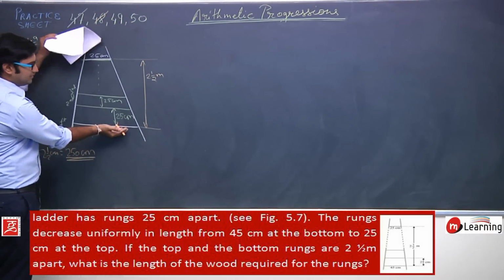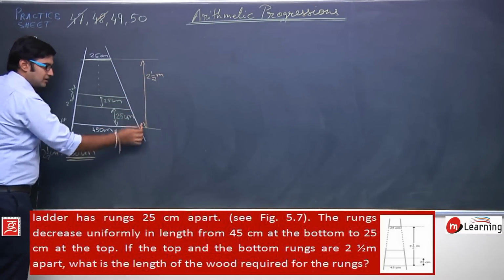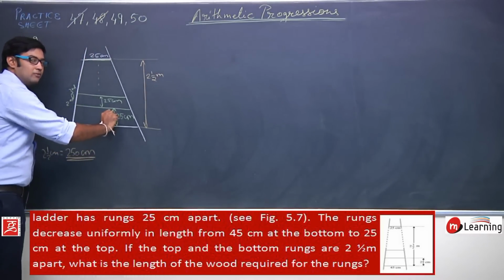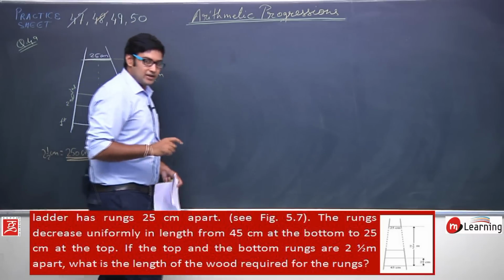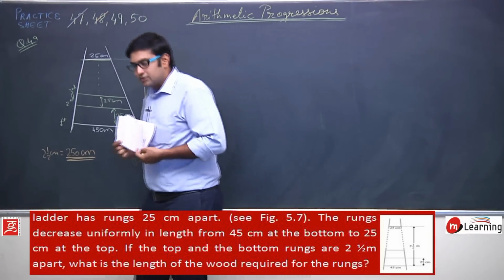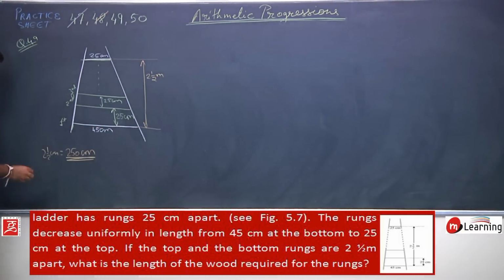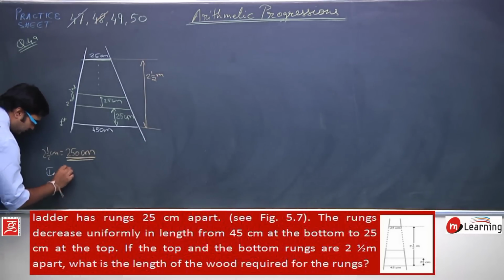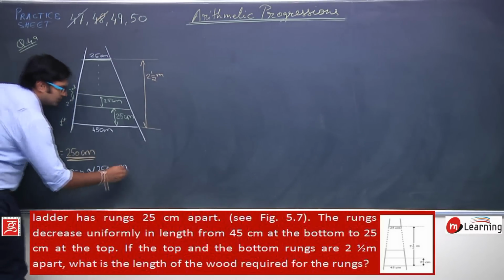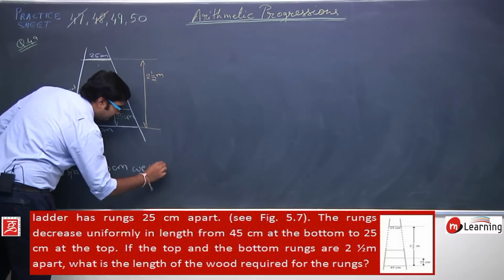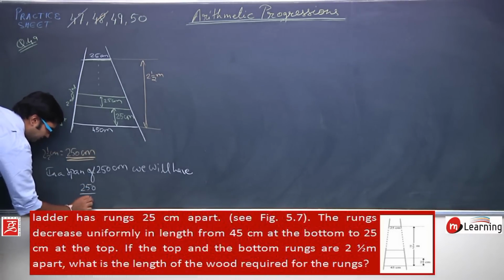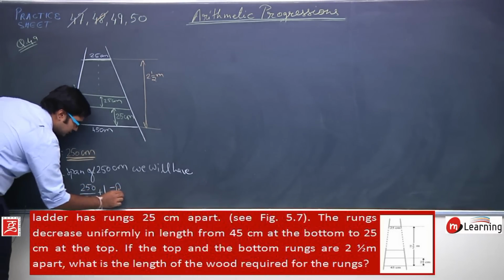So in the span of 250 centimeters, I have some rungs which are 25 centimeter apart from each other. How many rungs should come in a span of 250 centimeters which are 25 centimeters apart? So in a span of 250 centimeters, we will have 250 divided by 25 plus 1 rungs.